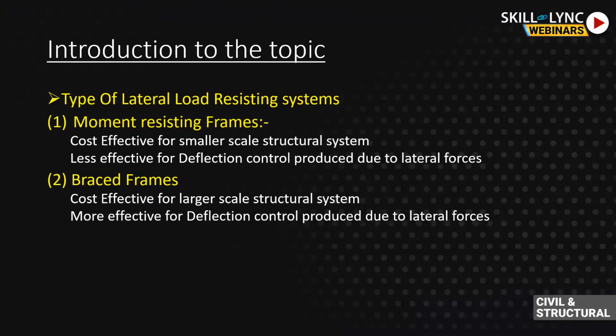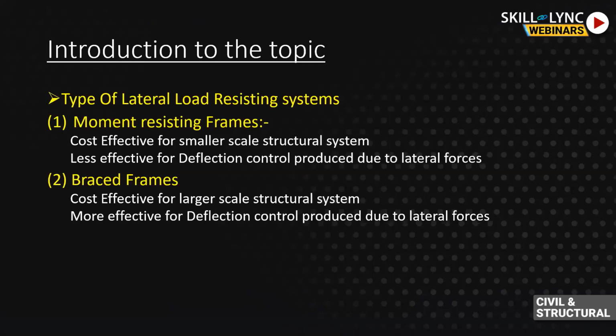Let's have a comparison. When you have cost effectiveness in a smaller scale structure system, where the span is less and the load is less, then you can use the moment resisting frame. It could be cost effective. But when you require control on deflection, then the moment resisting system, in the case of lateral load resisting systems, is less effective compared to the brace frames.